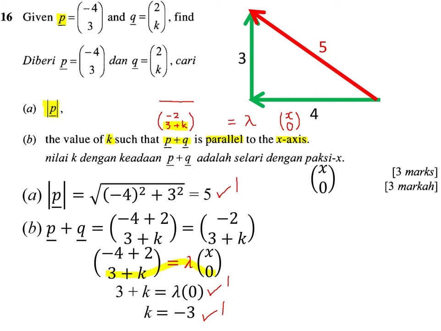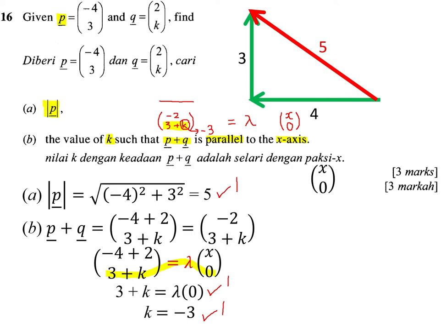And in order to make y become 0, k must be negative 3. That is the reason why our answer is negative 3. So the working here is actually very simple. No need to show the first step, lambda times 0. You can directly start with 3 plus k equals 0, and then write down the answer, k equals negative 3. 2 marks.